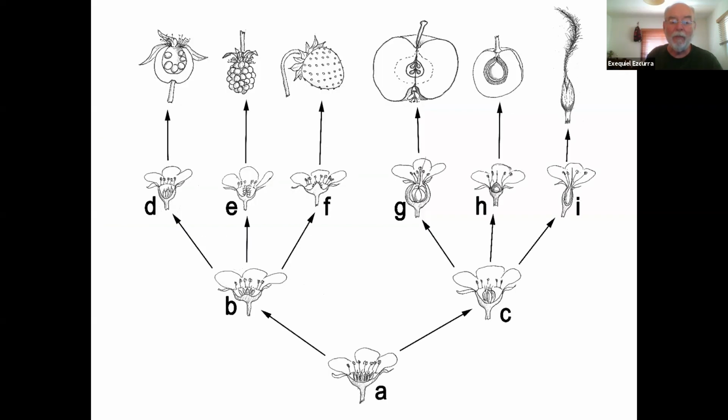The ancestral rose, which was inferred using molecular studies, was basically a flower with a very flat, enlarged calyx and multiple pistils. And it evolved initially, the first step was basically maintaining the multiplicity of pistils in this direction and enlarging the calyx even more, or maintaining the hypanthium but fusing the pistils.